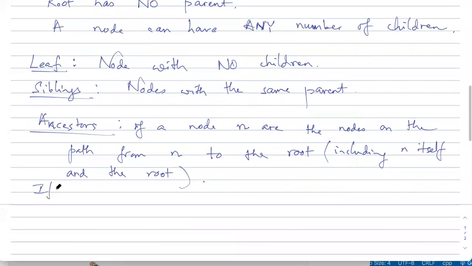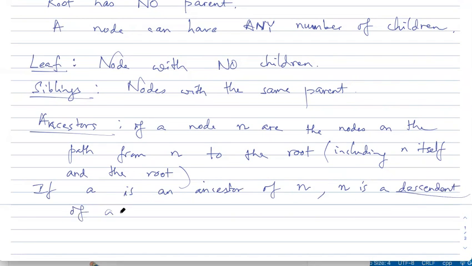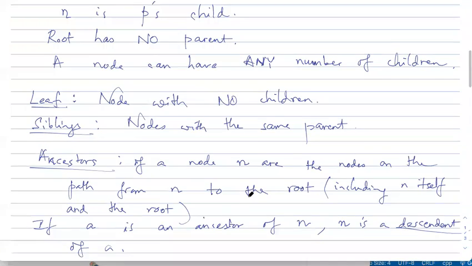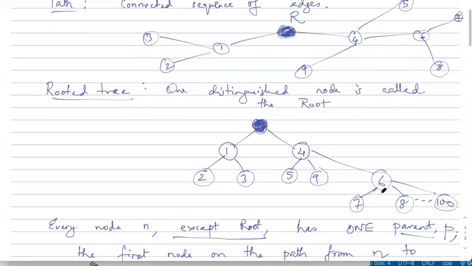And if A is an ancestor of n, then n is a descendant of A. Okay, so in this picture, what would be all the ancestors of 8, let's say?